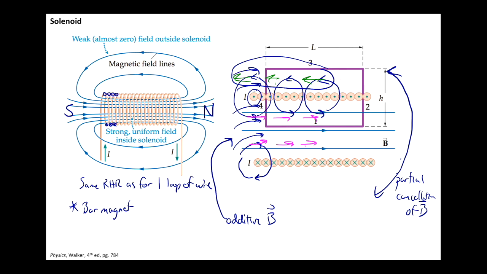So in all regions, whether I'm talking about the top, the middle, or the bottom, you have to consider the magnetic field from this row of wires and that row of wires. So the magnetic field coming from these up here is partially canceling the magnetic fields coming from these up here.